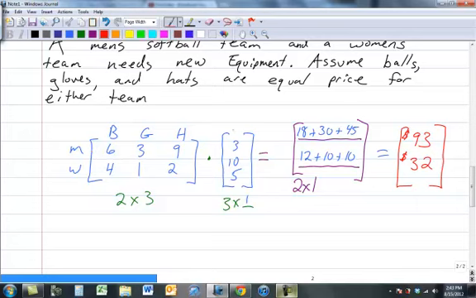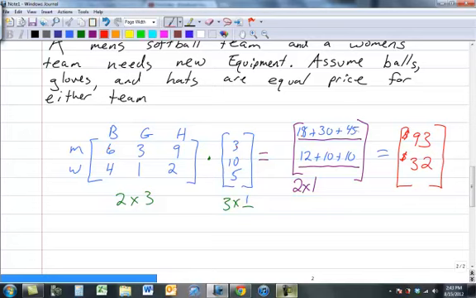Since the equipment is the same price for either team, the number of softballs the men's team needs, 6 softballs times 3, means they have to spend $18 on balls. They'd have to spend $30 on gloves, and they'd have to spend $45 on hats.